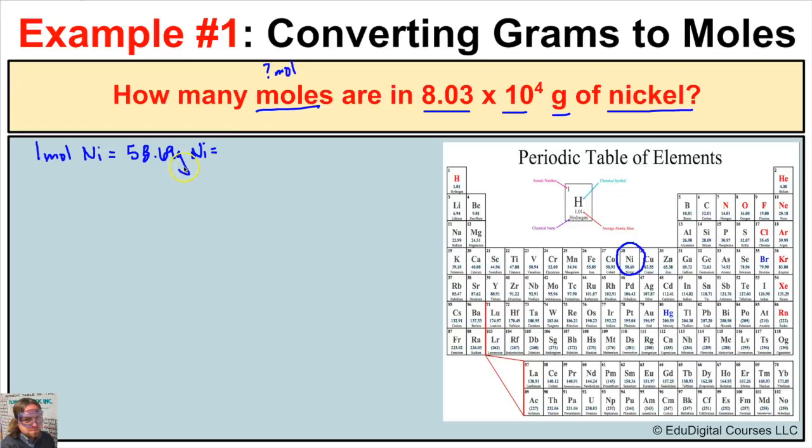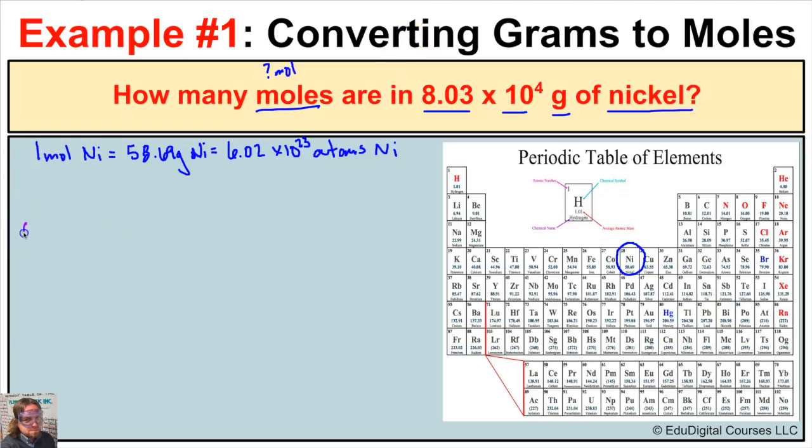And this mass of nickel, which represents 1 mole of nickel, is going to contain 6.02 times 10 to the 23rd atoms of nickel. In an earlier video we learned this relationship, but how can we make this conversion? How can we convert 8.03 times 10 to the fourth grams of nickel to moles? Well, let's take a look.